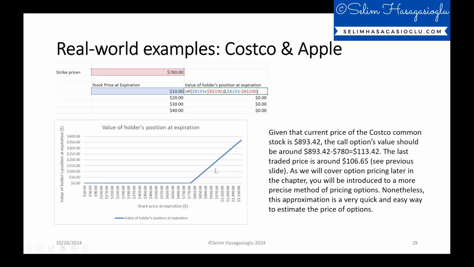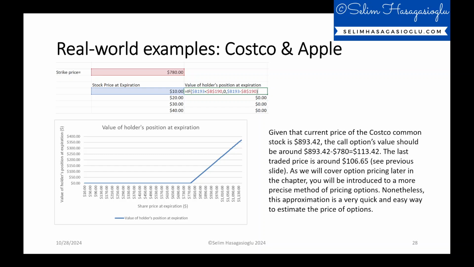However, when it is greater than 780, there must be some profits to be made, and so the option holder will exercise the option. For example, when the Costco stock trades at $900 in the market, they can buy this stock at 780, thereby making a profit of $120. Given that the current price of the Costco common stock is $893.42, the call option's value should be around 893.42 minus the 780 strike price, which is $113.42.